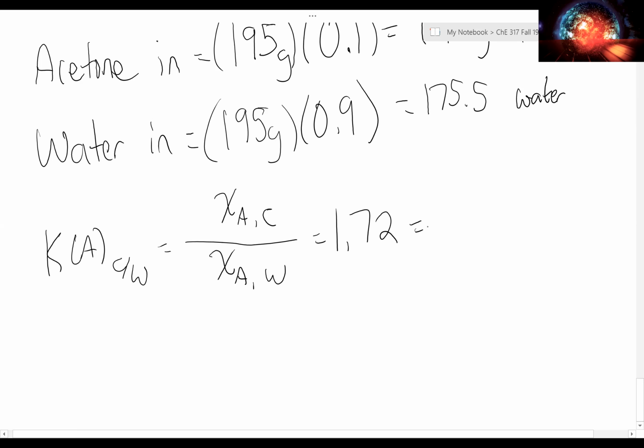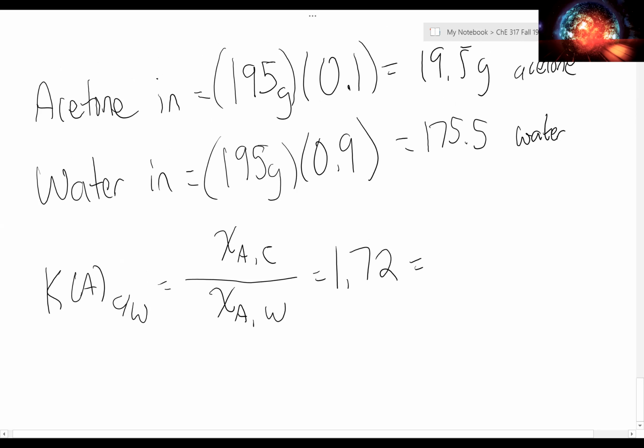Well, the mass fraction of acetone in the chloroform phase is the mass of acetone in the chloroform phase over the total mass, or the mass of acetone plus the chloroform mass, which is 596 grams.